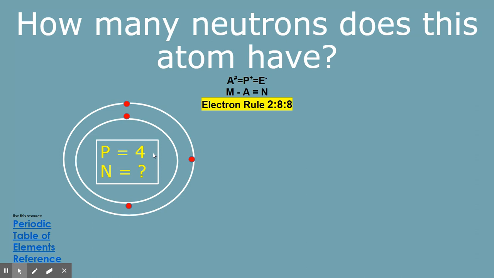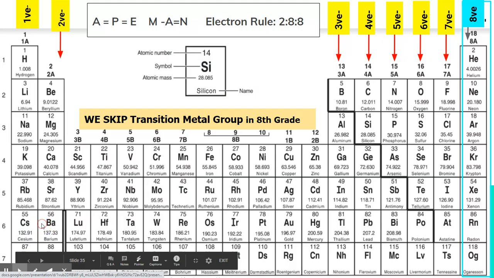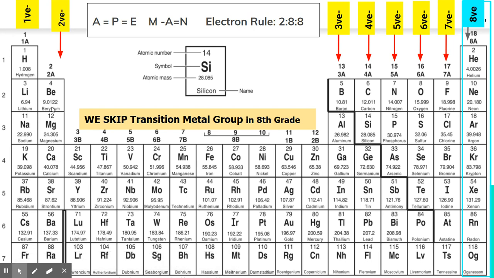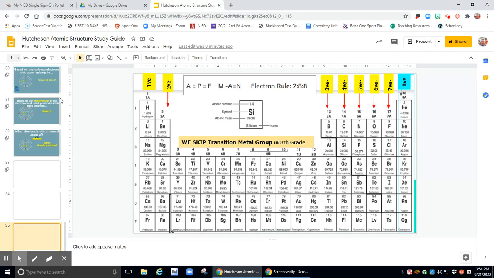And so number 4 tells us that this is atomic number 4, which is beryllium. And if we go to the periodic table, beryllium is number 4. It has a mass of 9.0. So the mass of 9.0 minus 4 would give us the answer of 5 neutrons.